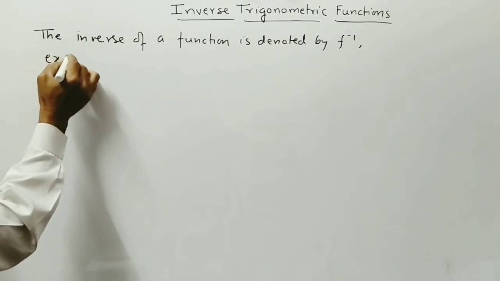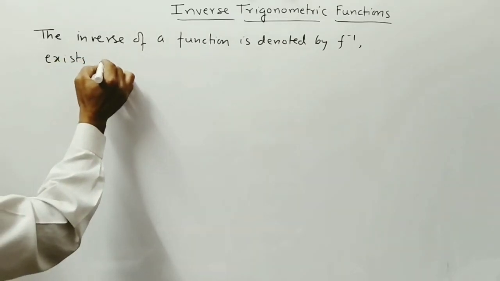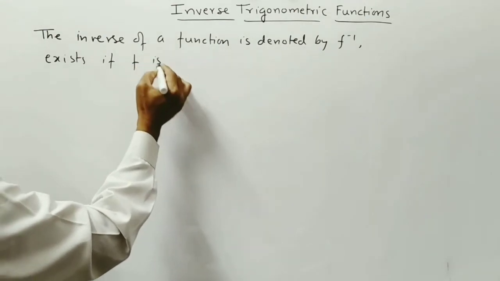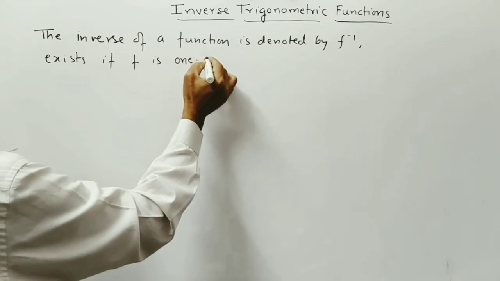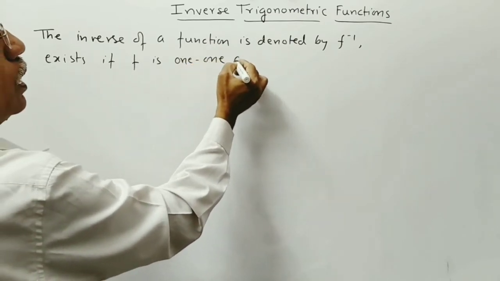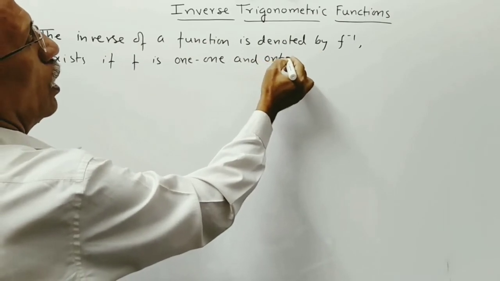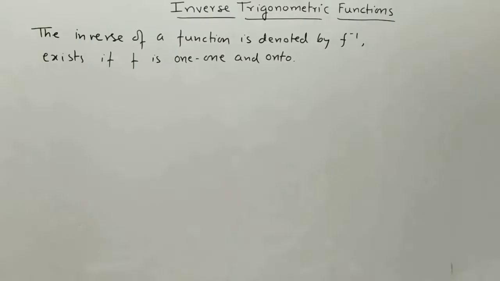It exists if function f is 1 1 and onto. Then what is 1 1 and onto functions?